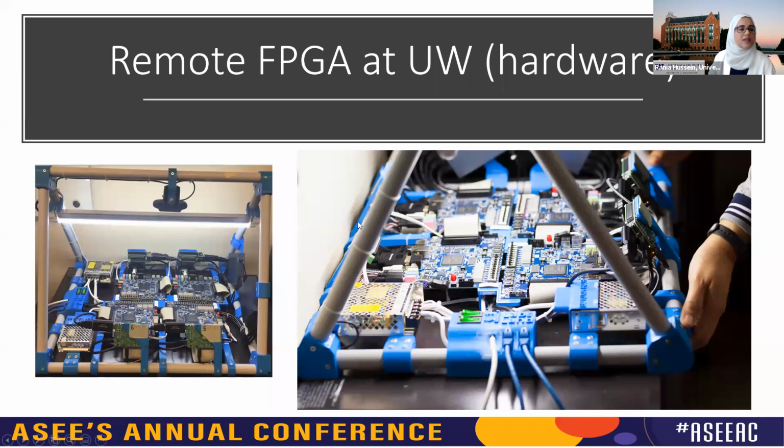This is what the remote FPGA lab at University of Washington looks like. As you can see here, this structure has the Intel FPGA boards, in addition to a mechanism of capturing the output by a camera, which will be streamed to the web interface, and you will see that shortly in a demo.